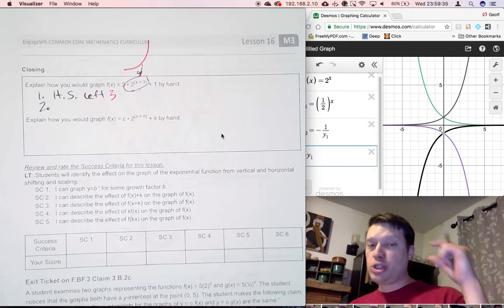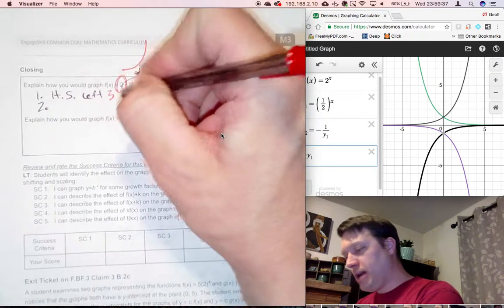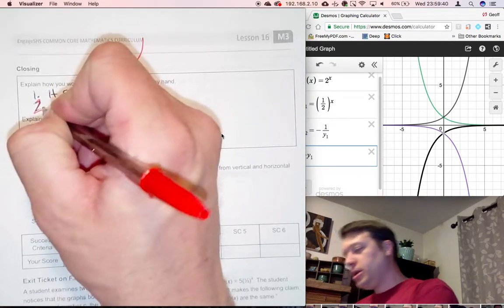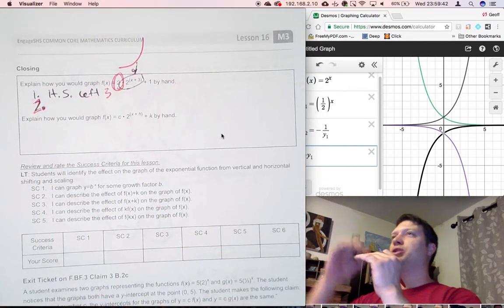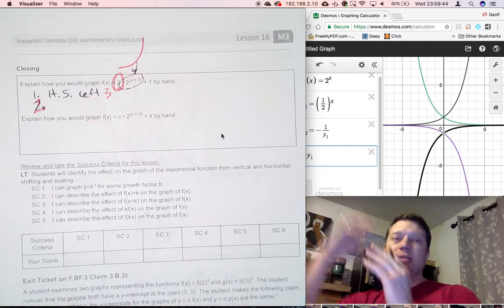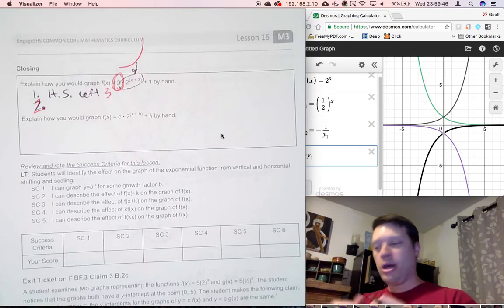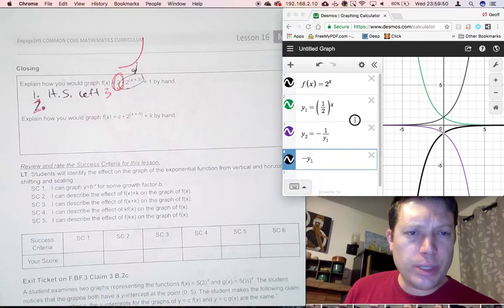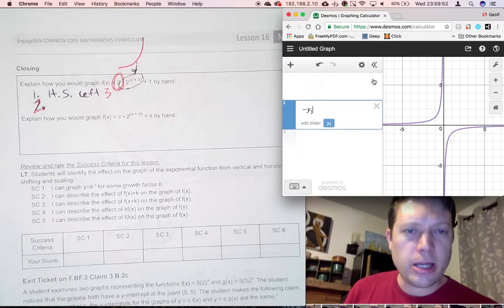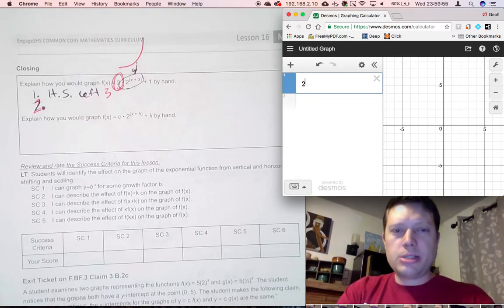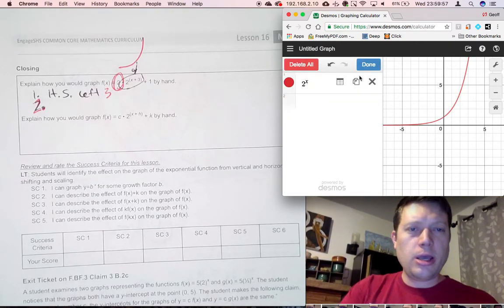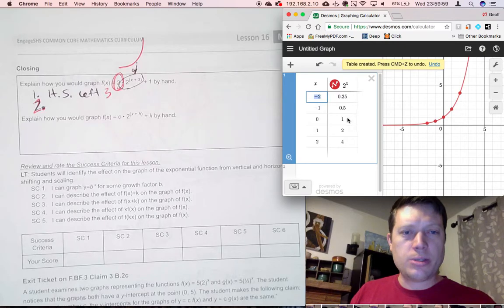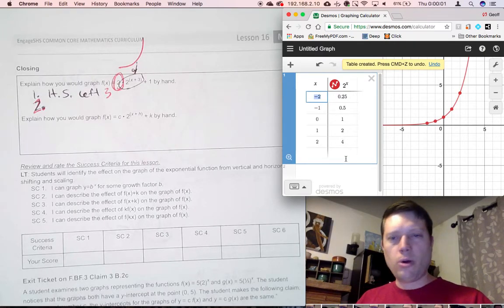And then the 2 out front depends on how much gappage, like we're going to double every space in the y value from one to the next. Remember when we looked at the table in Desmos? When we looked at 2 to the x, as a table we saw that there was 1 to 2, 2 to 4.